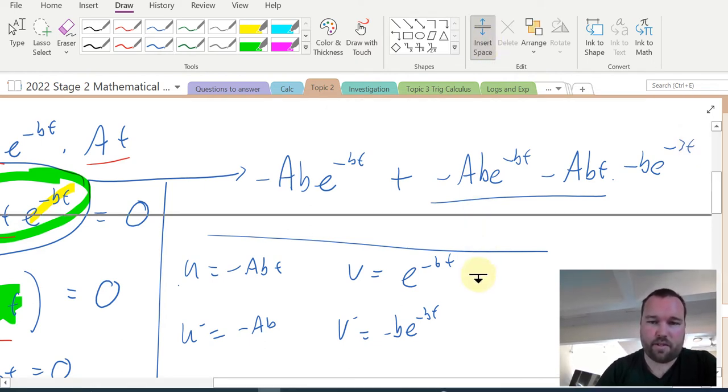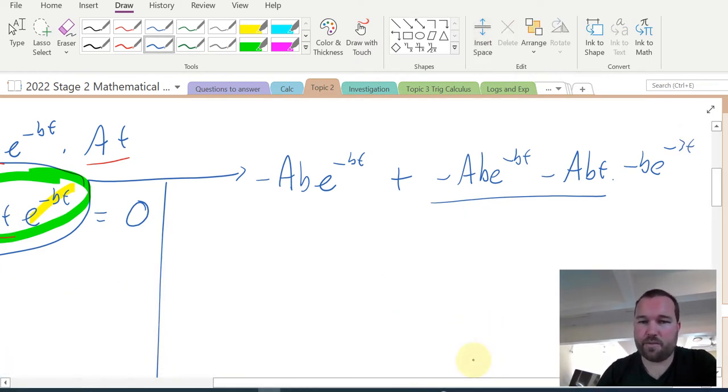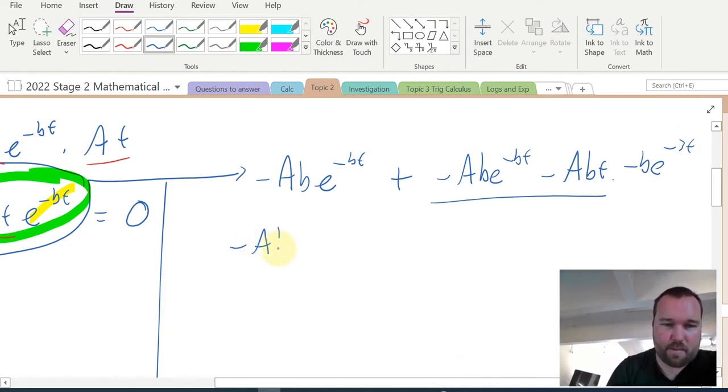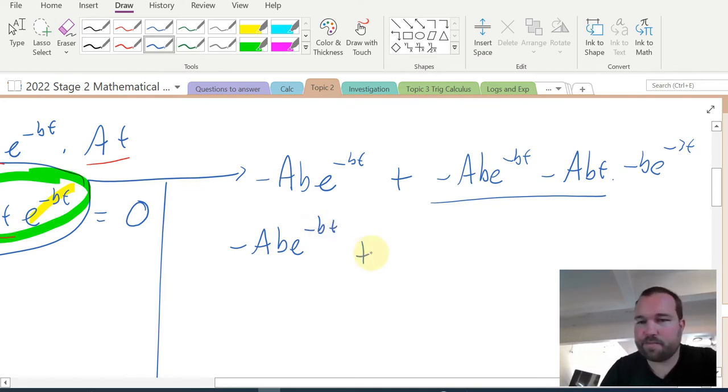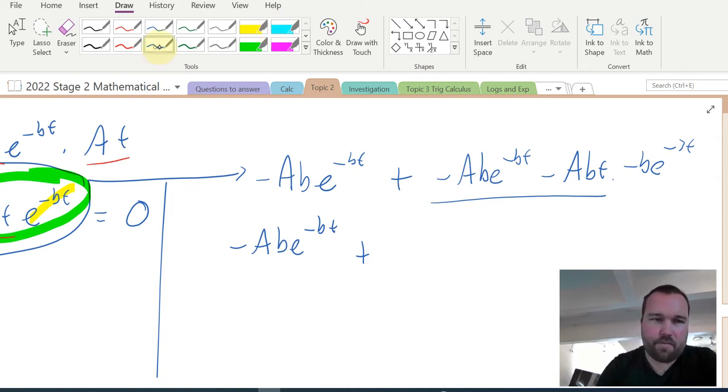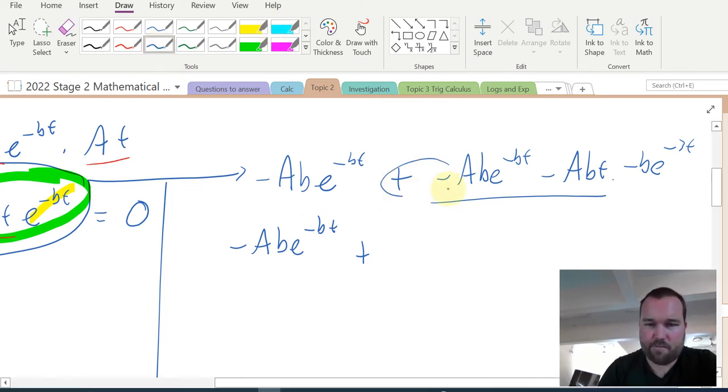I'm going to buy myself a little space, and we're going to do some tidying here. So this first one stays the same, minus a b e to the minus bt plus. Now, a couple of things happen here. That plus minus just creates this to be a minus, a b e to the minus bt.